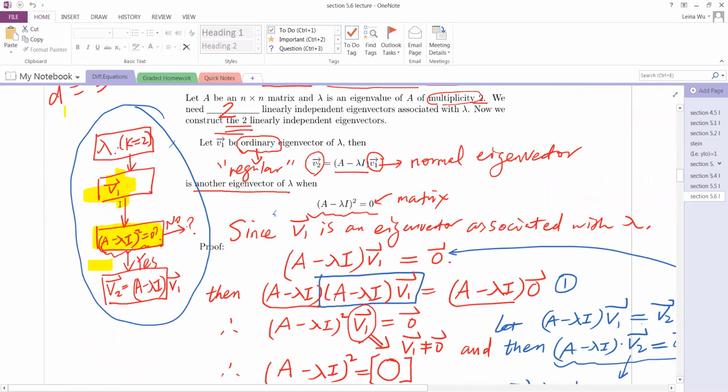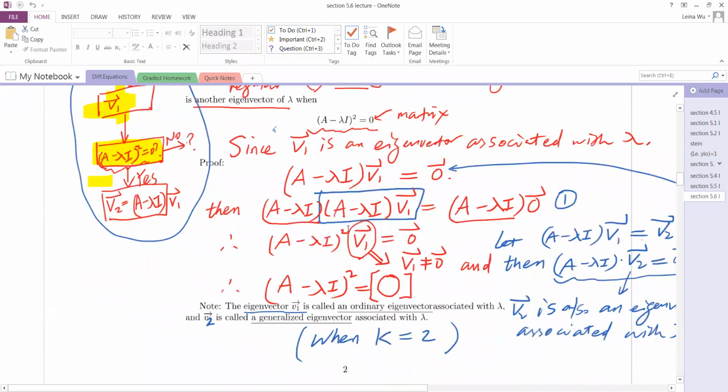And we can then check if A minus lambda I squared equals the 0 matrix or not. If the answer is yes, then we can construct V2 equals A minus lambda I V1. In certain cases, V2 may happen to be the 0 vector, but we have an easy fix for that. That's what we did in our last example.